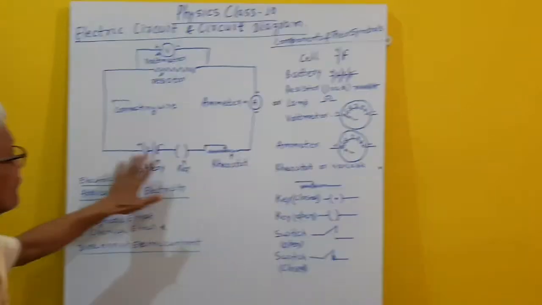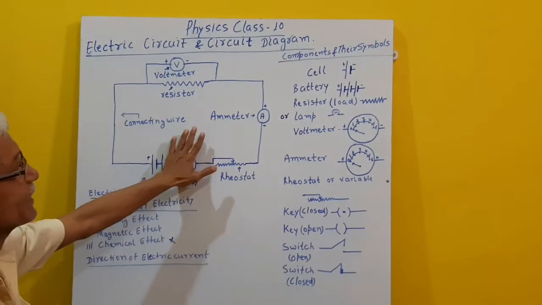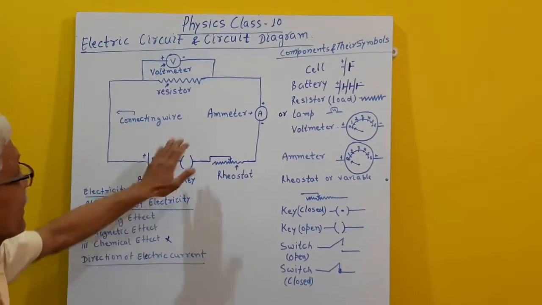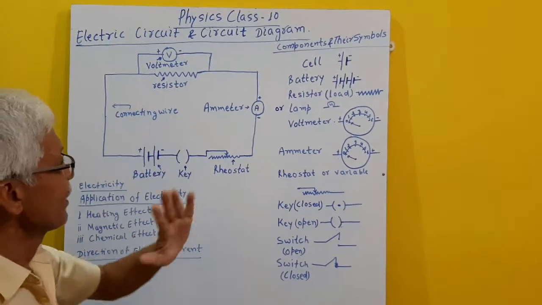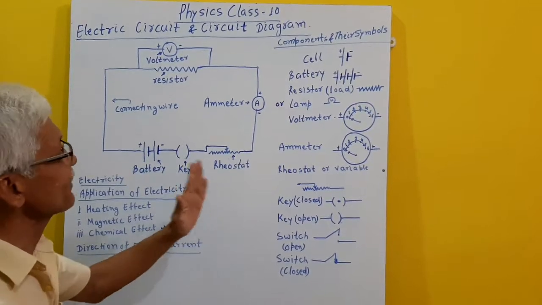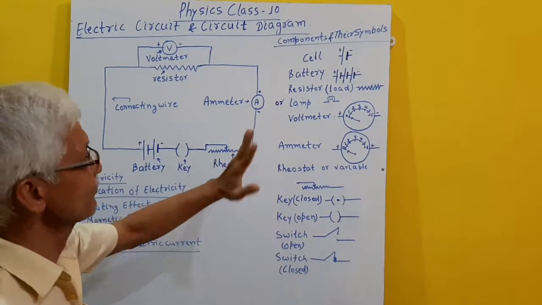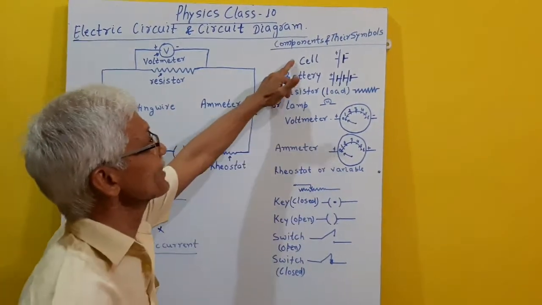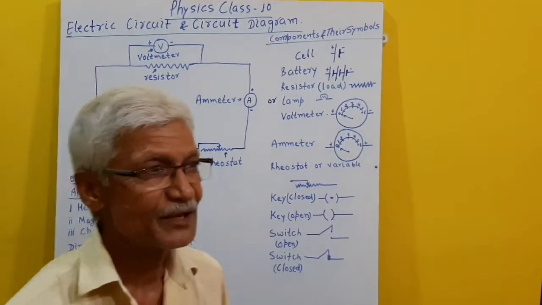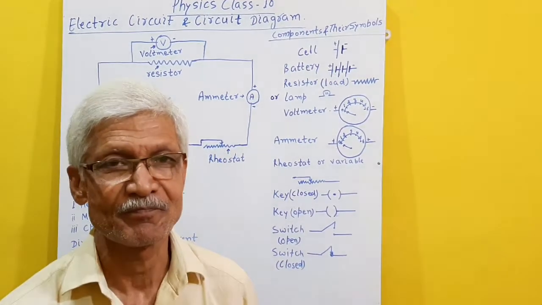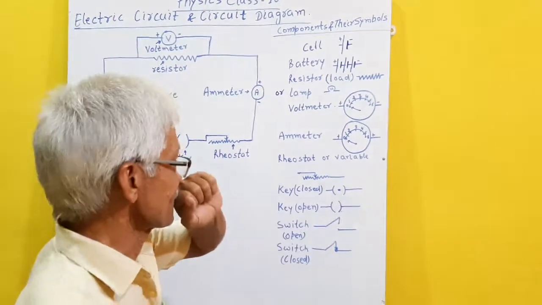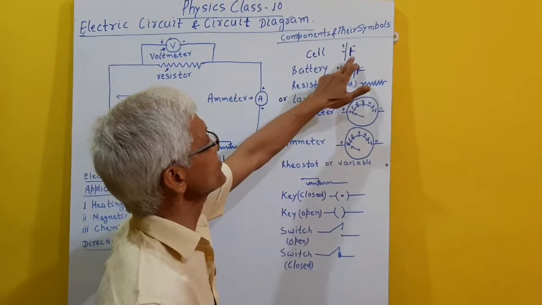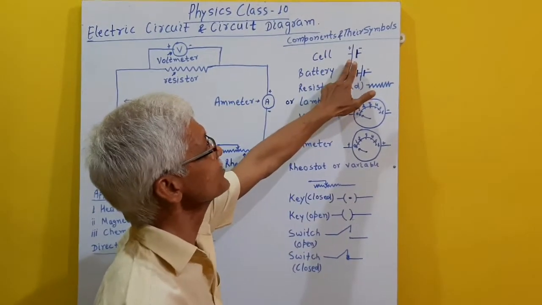There are several components connected to each other. In this circuit diagram, I am explaining each of them one by one. First of all, the cell. A cell is a unit source of energy. Actually, the cell has two strands, two vertical lines.